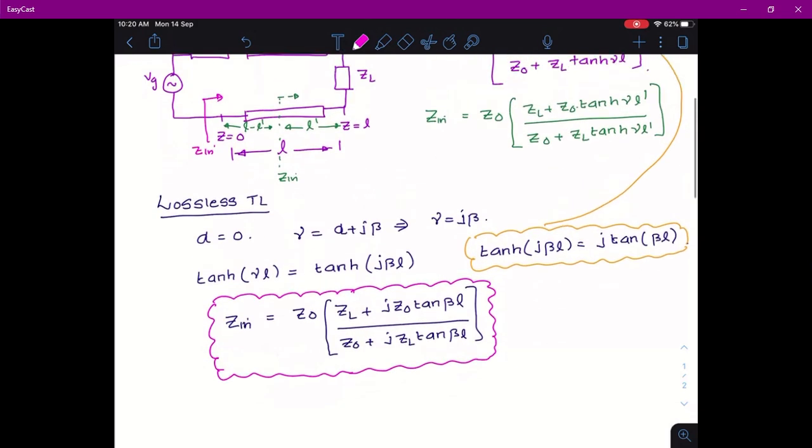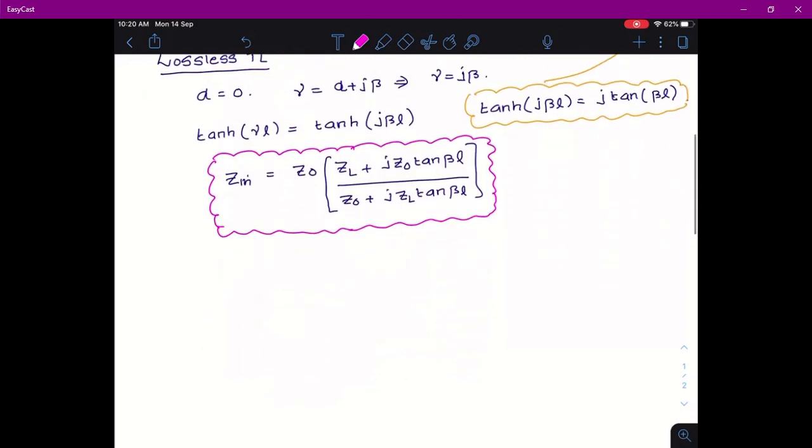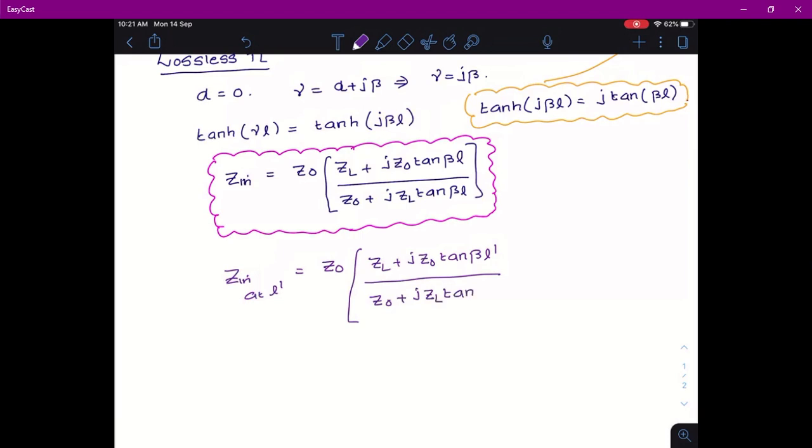Similarly, if you look from here, that is at L dash, you can write Zin at L dash as Z0 into (ZL plus j Z0 tan beta L dash) by (Z0 plus j ZL tan beta L dash). So, these are the expressions for the input impedance in a lossless transmission line.